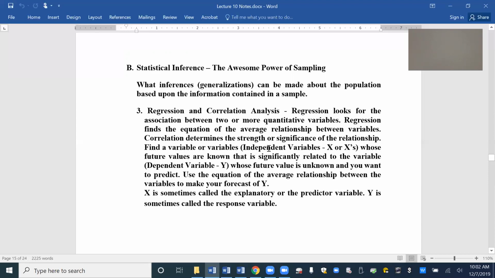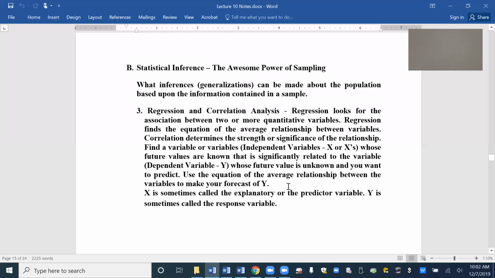The independent variables, the x's, are those whose future values are known, that you're hoping are significantly related to the dependent variable, which you're trying to guess. So you pick x's that you know something about or control in order to predict the y.